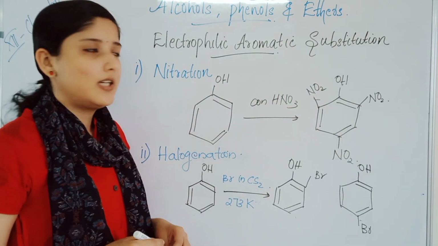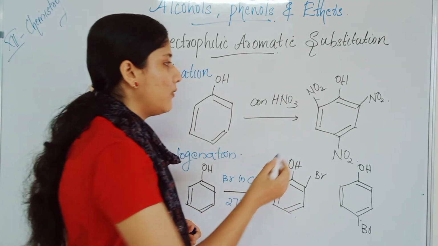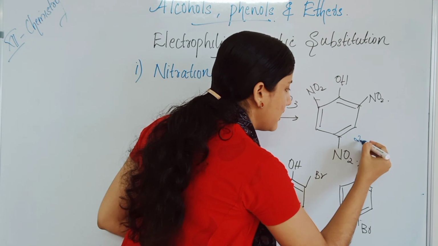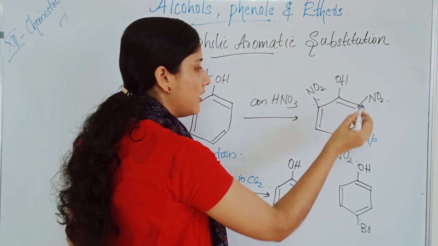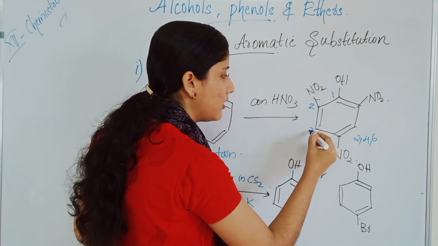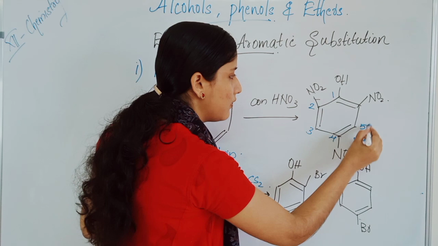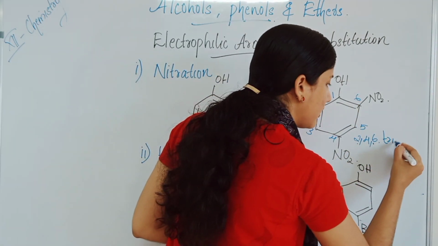When we treat phenol with concentrated nitric acid, you will get 2,4,6-trinitrophenol. Second position, fourth position, and if you number here 1, 2, 3, 4, 5 and 6, it is 2,4,6-trinitrophenol.